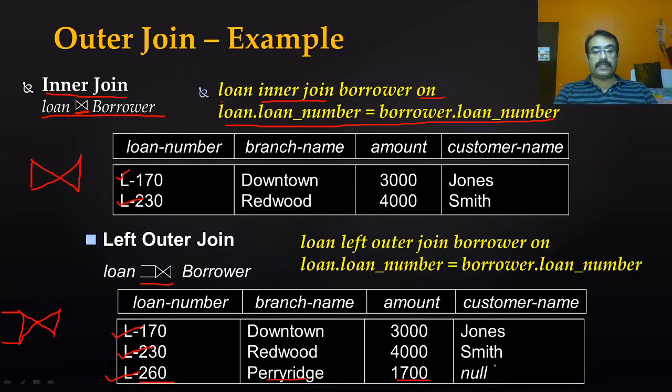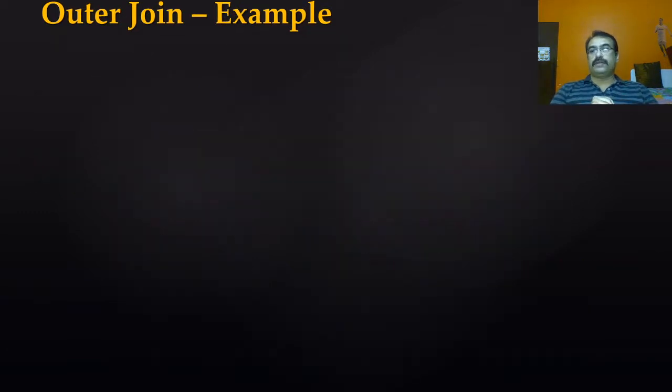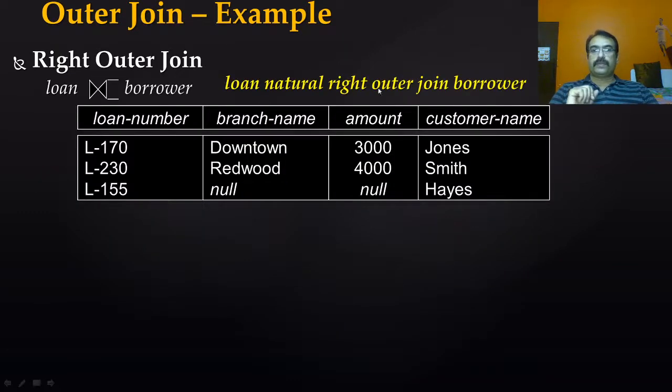So it is made null. This is left outer join, meaning common elements and all the leftovers from the left argument. Similarly, we can have right outer join, which will have all the common elements and leftovers from the right argument in this way. See here.